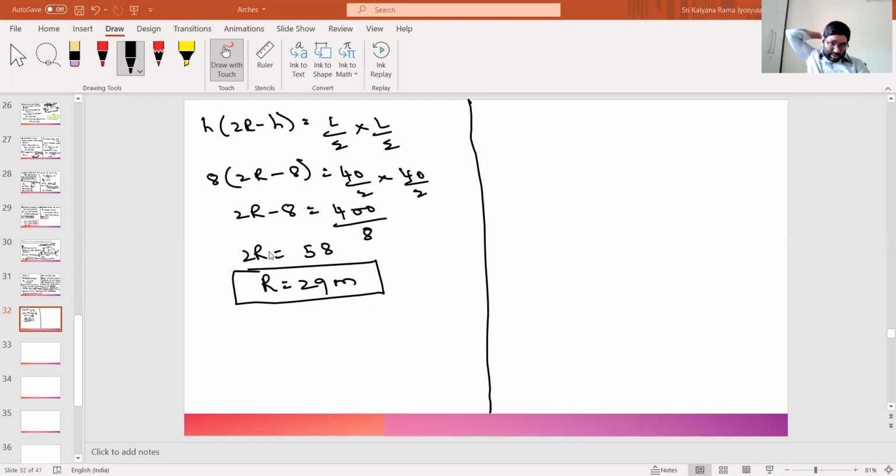Now we need to show that in the three-hinged arch, which is circular in shape, where exactly is R and how do we get that? So see here, I will show it to you.